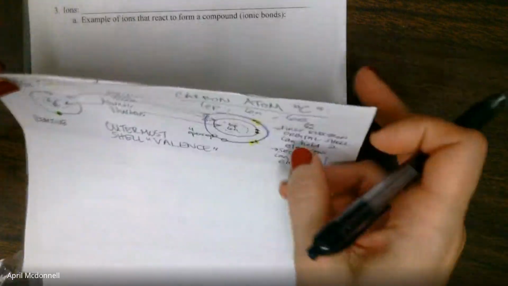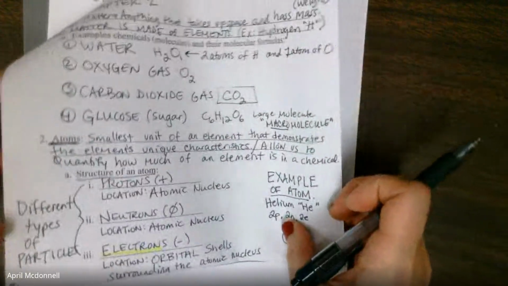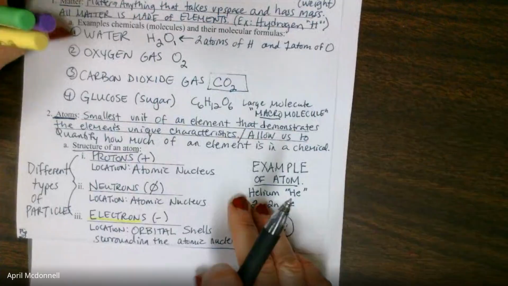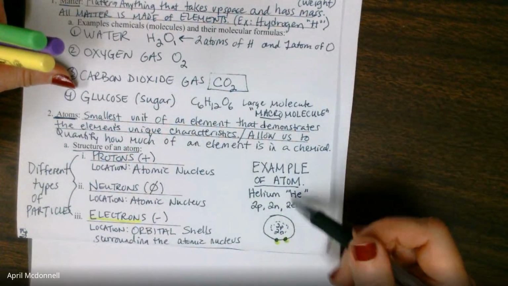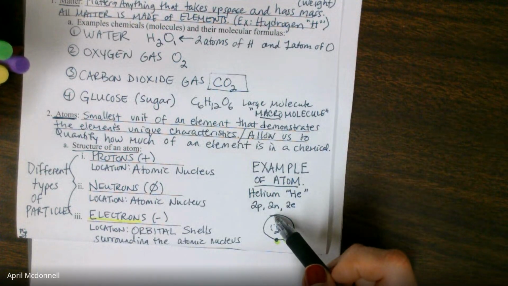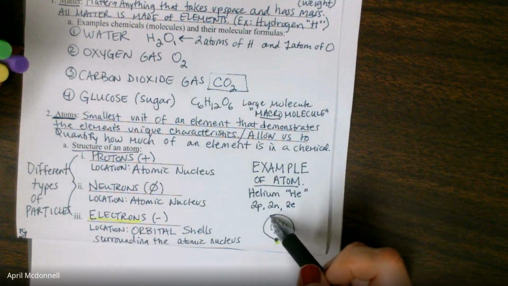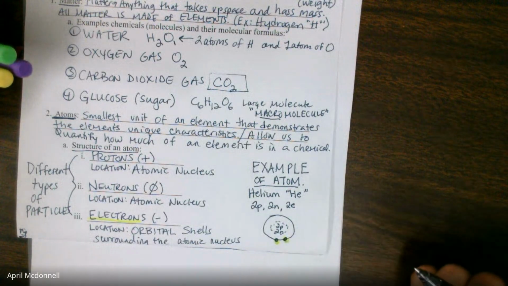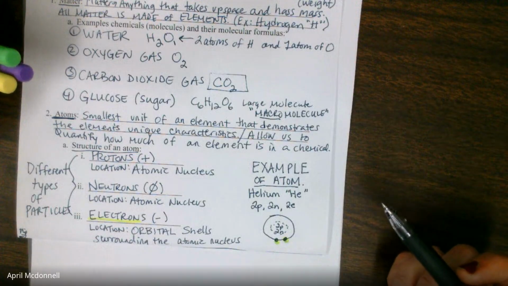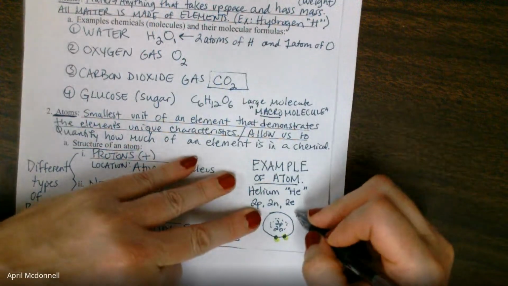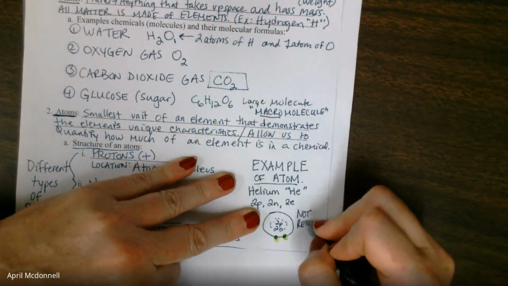But if we look back to our helium atom up here on our page, we see that the outermost shell, which there's only 1 shell, but the outermost valence shell has 2 electrons and it is full to capacity. And that means that the helium atom is not going to be reactive. So this helium atom is not reactive.